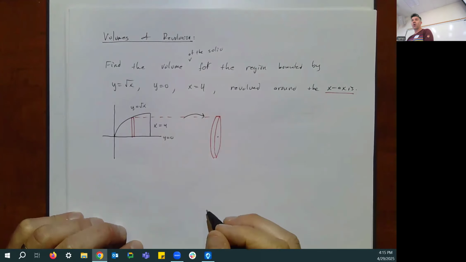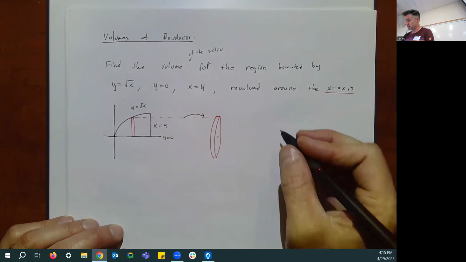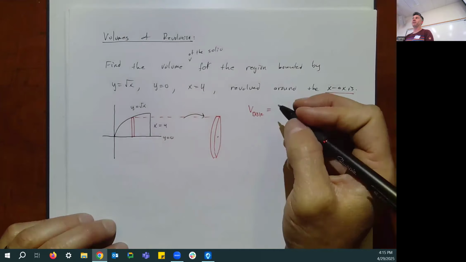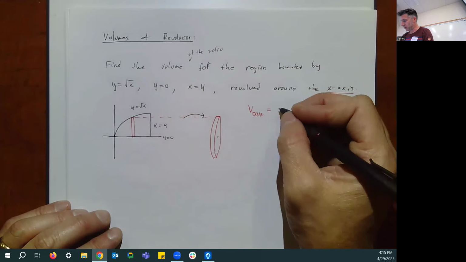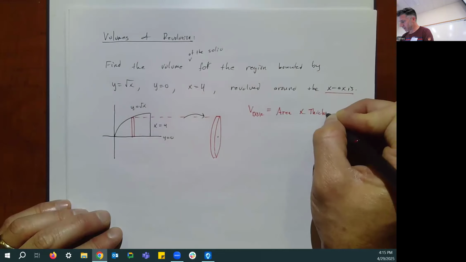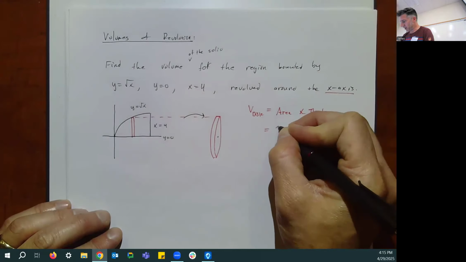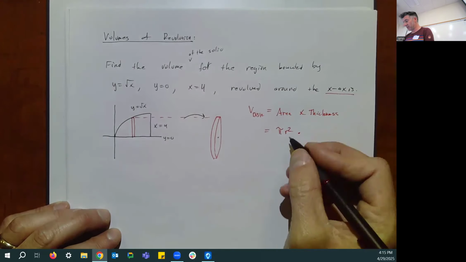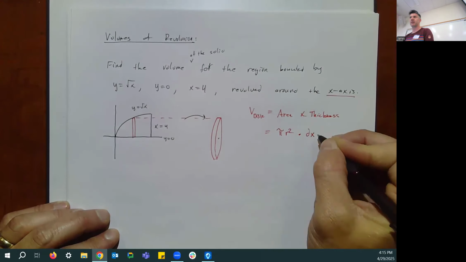So we're going to find the volume of this disk. The volume of our disk, well, it's a circle times some thickness. So it's going to be area times thickness, which in this case is going to be pi times our radius squared, the area of a circle, times our thickness, which is a dx.